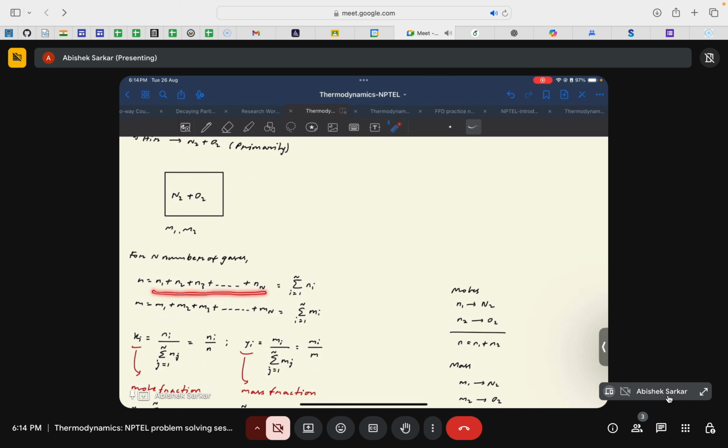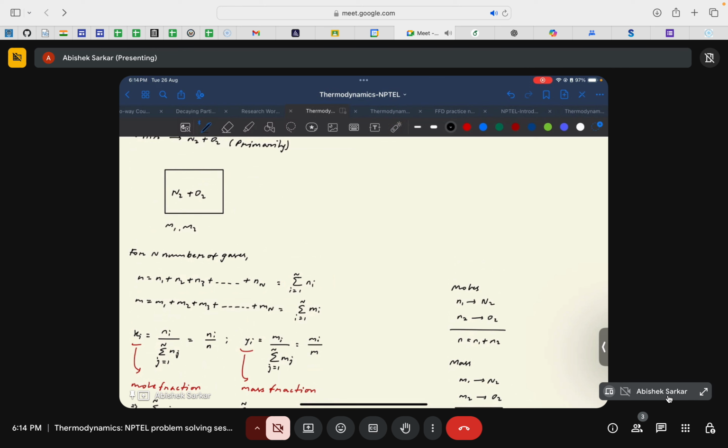Similarly, if m represents the mass of the mixture, then it should be equal to m1 plus m2 plus m3 plus dot dot dot mn, where m1, m2, m3 represent the masses of the respective gases in the mixture.